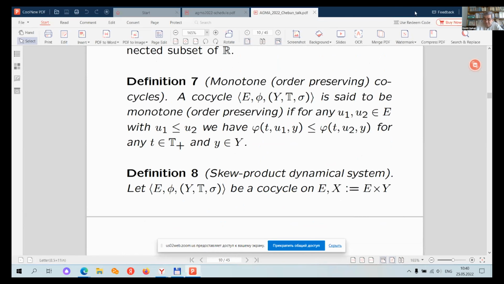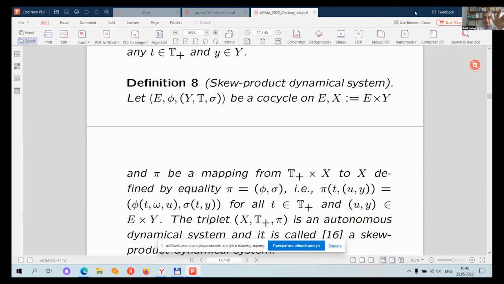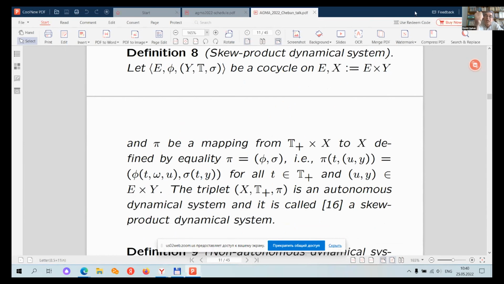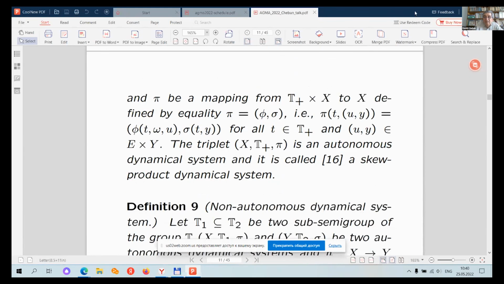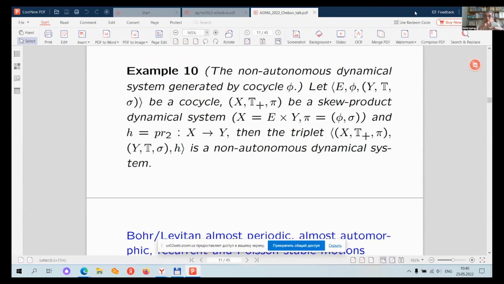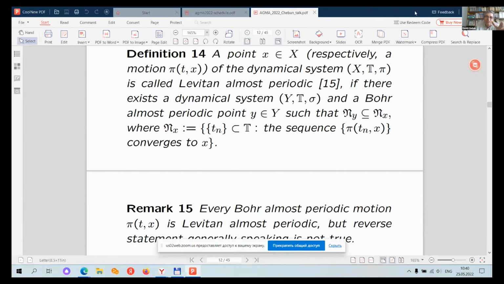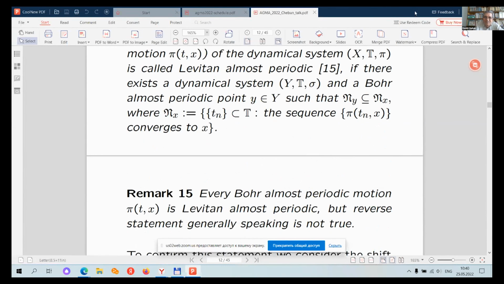After, I formulate for this object some theorem where I describe the structure of invariant sets of this object. Second, I formulate the theorem where I describe the structure of the global attractor of this type of dynamical systems. Unfortunately, I do not have the time to formulate these results.